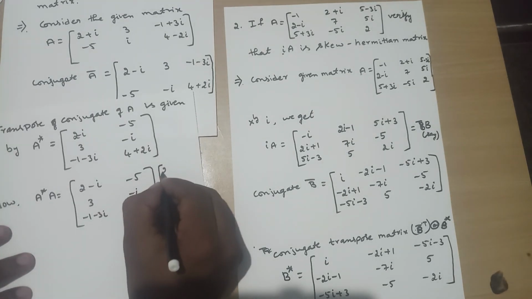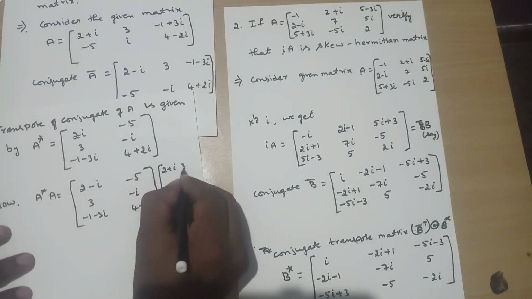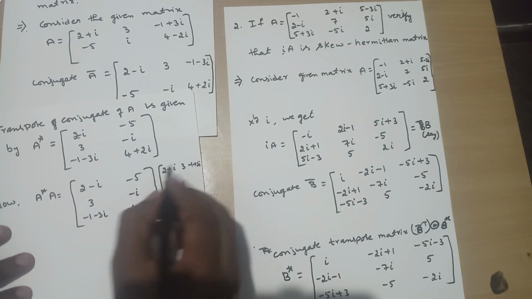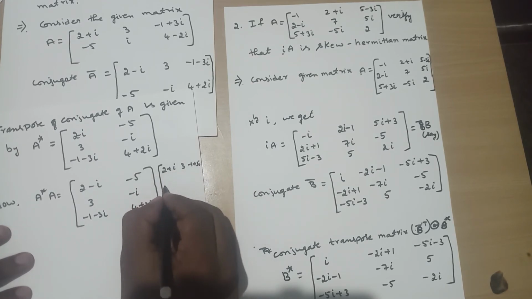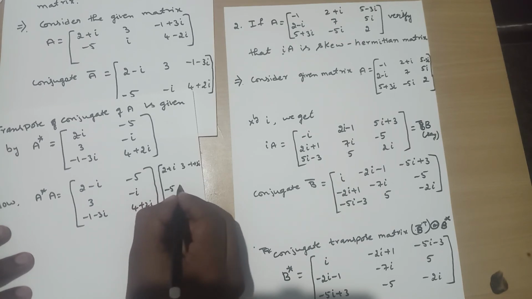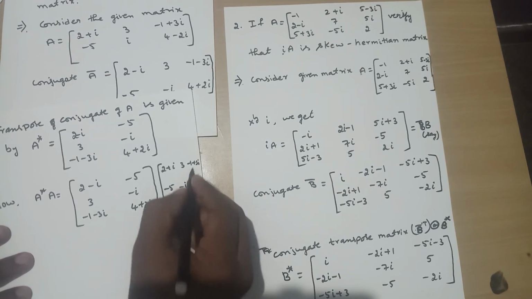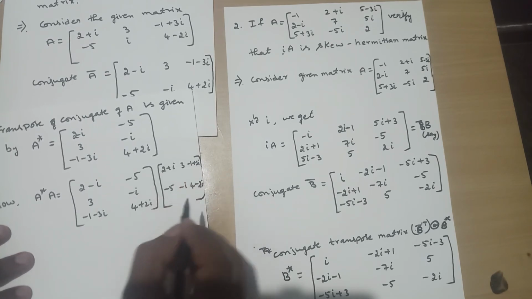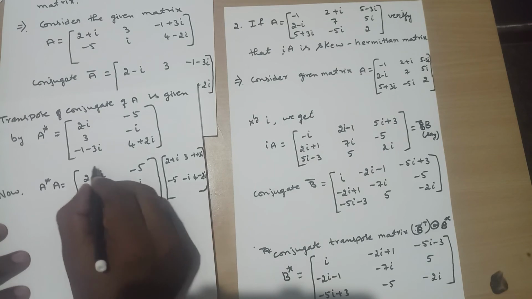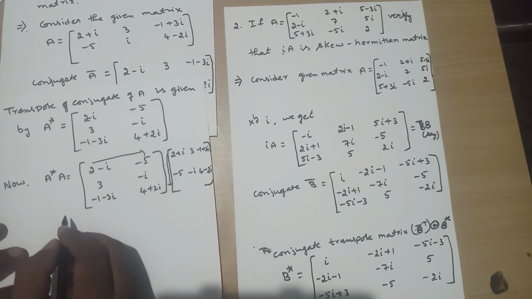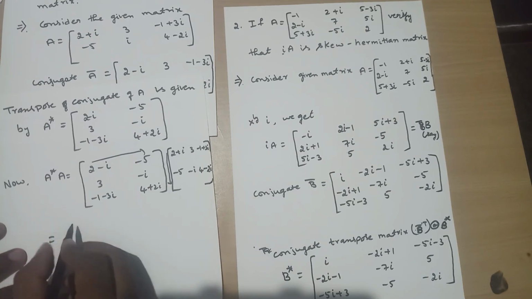A is 2 plus I, 3, and here minus 1 plus 3i, and here minus 5 minus I, 4, okay, 4 minus 2I. So you have to cross multiply this one. So what do you get here?